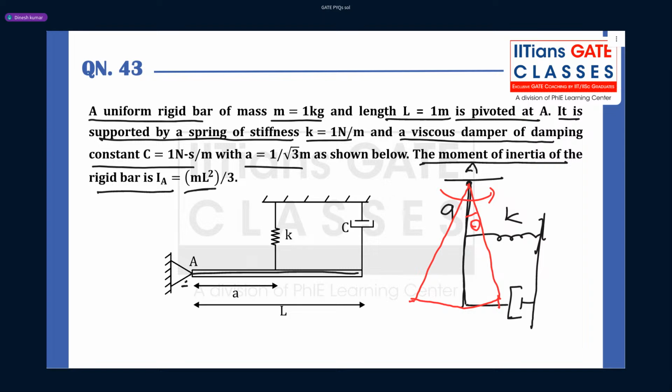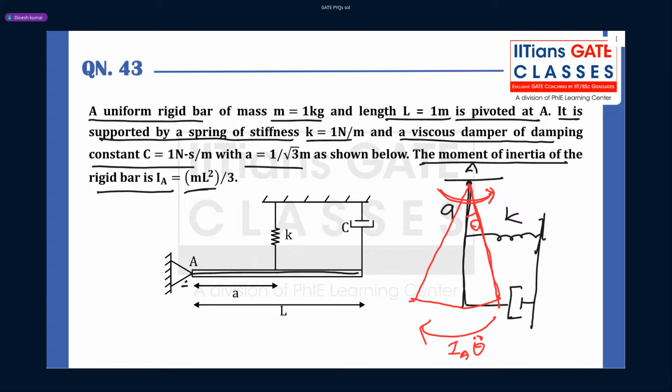Now if the angle is theta and it is moving from equilibrium in the anti-clockwise direction, where will be the mass moment of inertia effect? Anybody? It will be in the opposite direction, and it will be IA theta double dot. Is it clear? Yes or no?